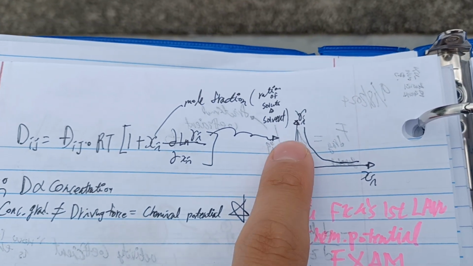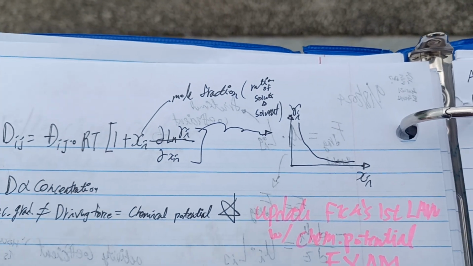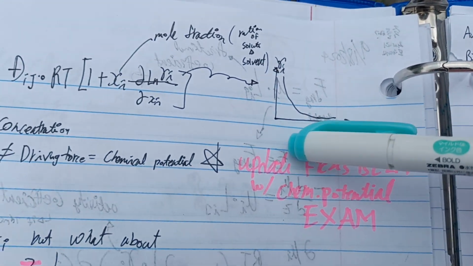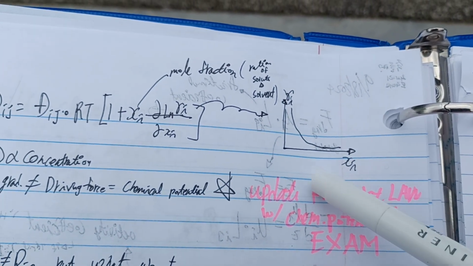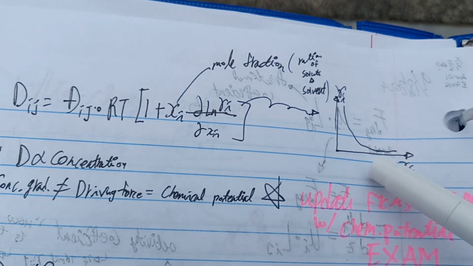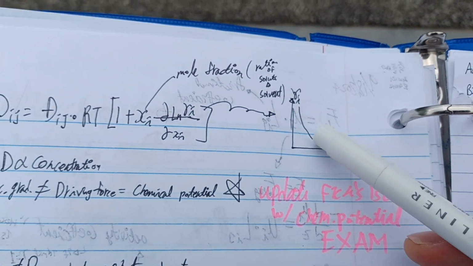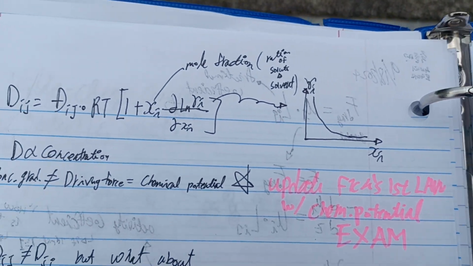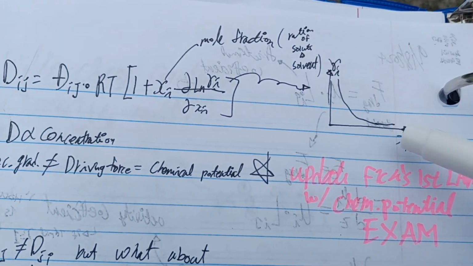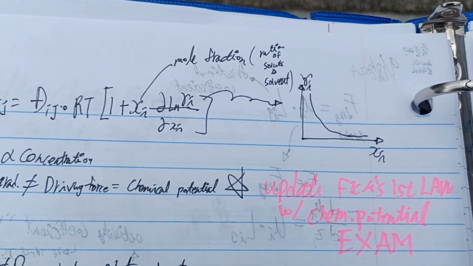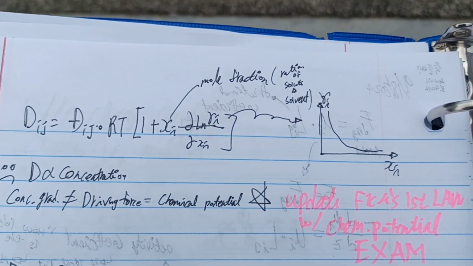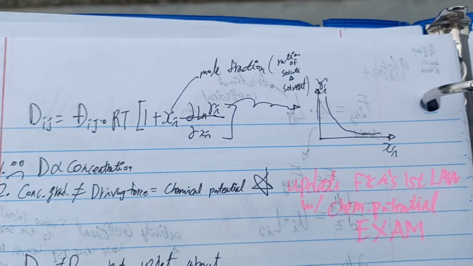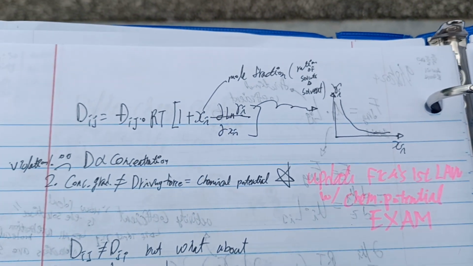And we can see that gamma and X have a negative correlation, which makes sense because if the ratio is really low, that means there is very little solute, the intermolecular interaction difference will be pretty low, and hence the gamma i is higher. But as the mole fraction increases, that means there is more solute in the solvent, and it behaves more like a non-ideal solution, hence the negative correlation between the gamma and the mole fraction Xi.